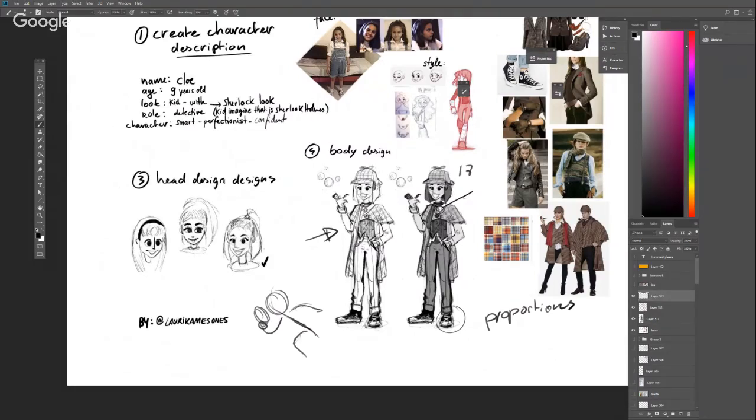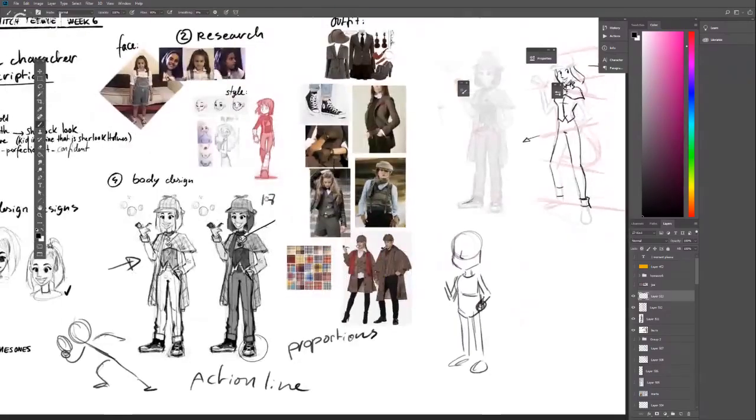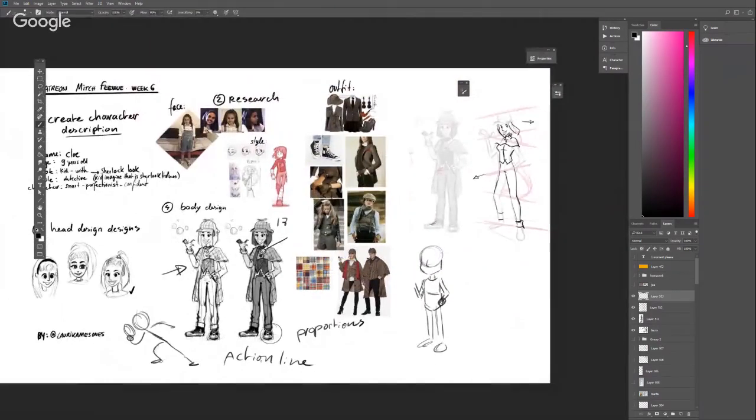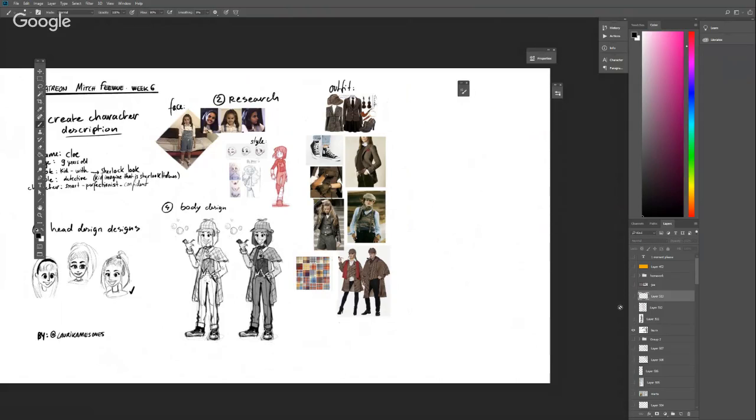And then think of the action line. Your drawing's really great. It will be awesome to see some poses from you and to get a bit more flow in your drawings. But nice work, Laura.